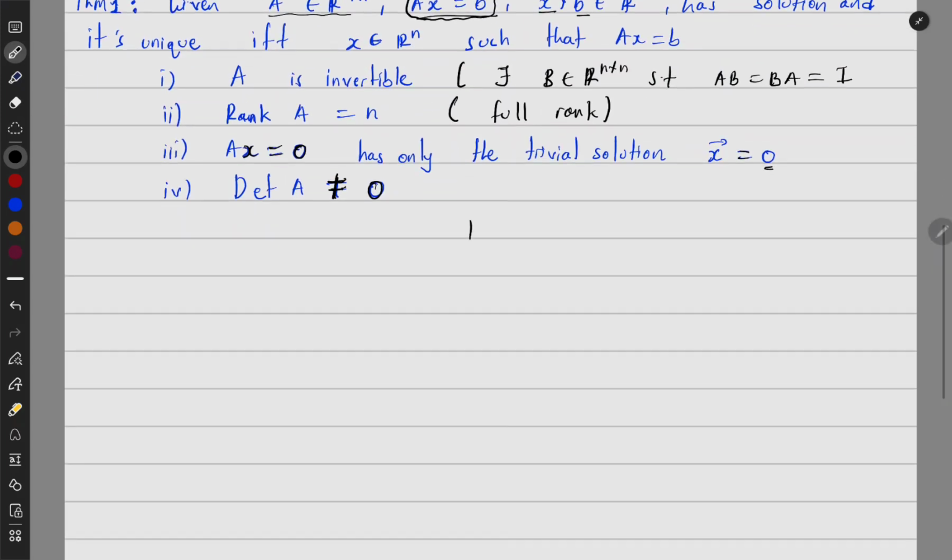For example, we can prove some of these assumptions. For example, we can prove Roman numeral 4. Roman numeral 4 can happen if and only if the second one happens, or vice versa.